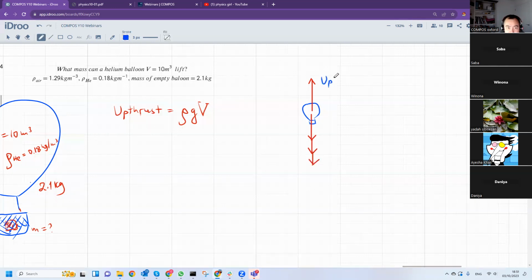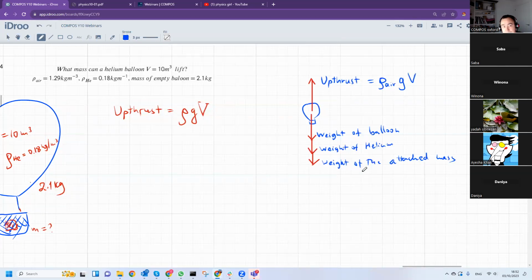So this is the upthrust force, this is the weight of the balloon, this is the weight of the helium inside the balloon, and this is the weight of the attached mass. The upthrust force is the density of the air multiplied by gravity times the volume of the balloon.